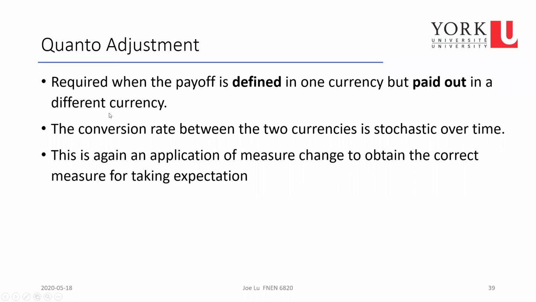Quantum adjustment arises when a payoff is defined in one currency, but is paid out in a different currency.